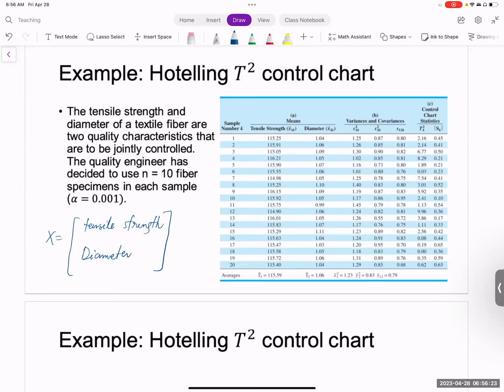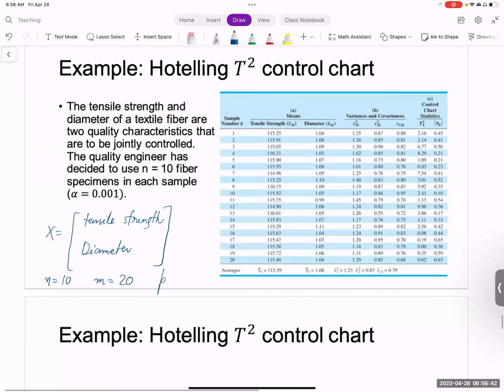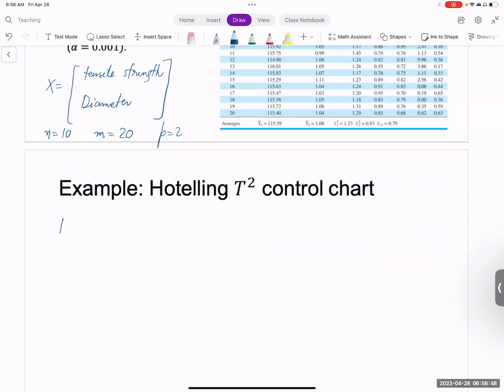Okay, good. All right, and we also know that n is 10. And then if you look at the table on the right-hand side, you'll see that m is 20. You have a total of 20 samples, and then p is 2. All right, let's start by looking at T-square 1, the T-square statistic for the first sample.